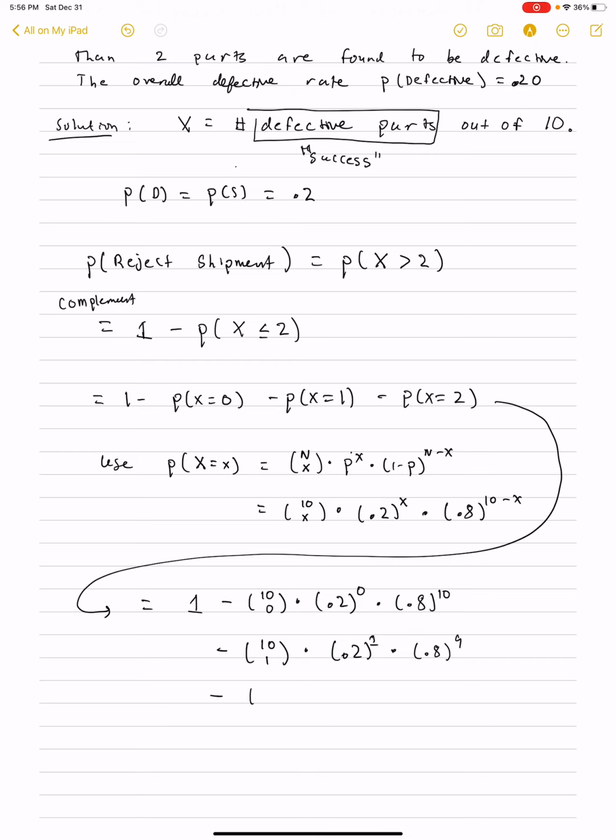And then finally, we subtract the last probability, which is 10 choose 2 times 0.2 squared times 0.8 to the 8th power. And when we plug this into a calculator, we should get that this probability is approximately 0.677, or a 67% chance that we'll reject the shipment.